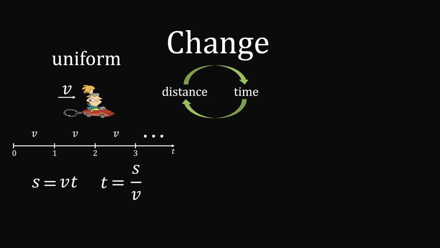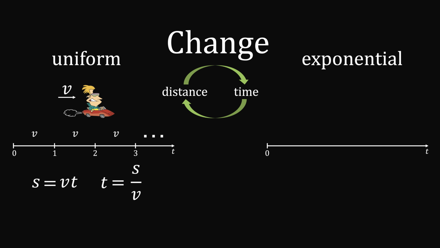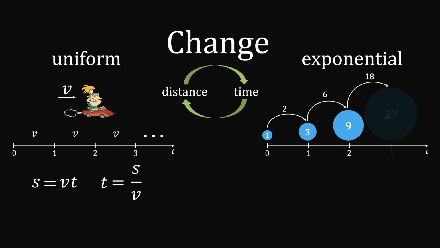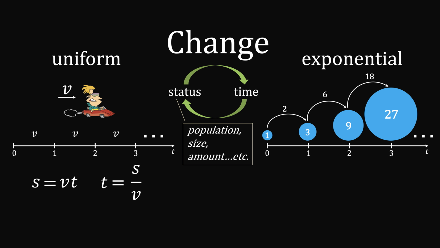But another common case is the exponential one, where the per unit time change is no longer constant. In fact, it can be greater and greater or smaller and smaller. It's typical when we're dealing with status such as population, sizes, amounts, and etc. But if you view it not from the absolute sense, instead in terms of the rate of change, then it's constant.